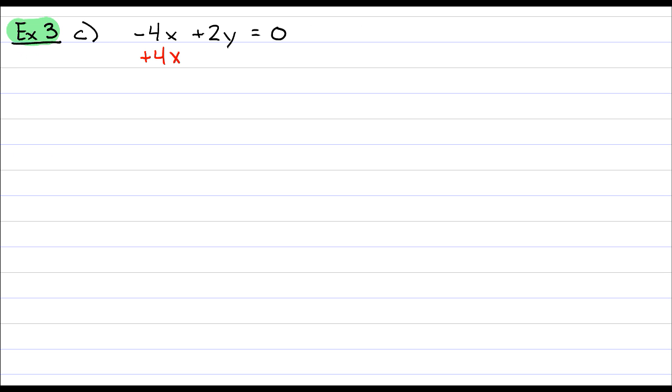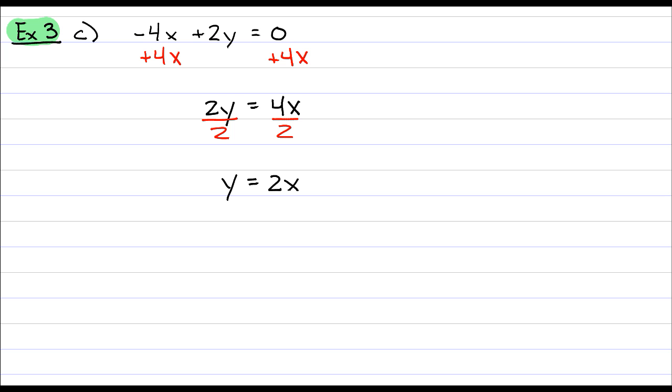We add 4x to both sides. And this leaves me with 2y equals 4x. Then we divide both sides by 2, which would give us y equals 2x.